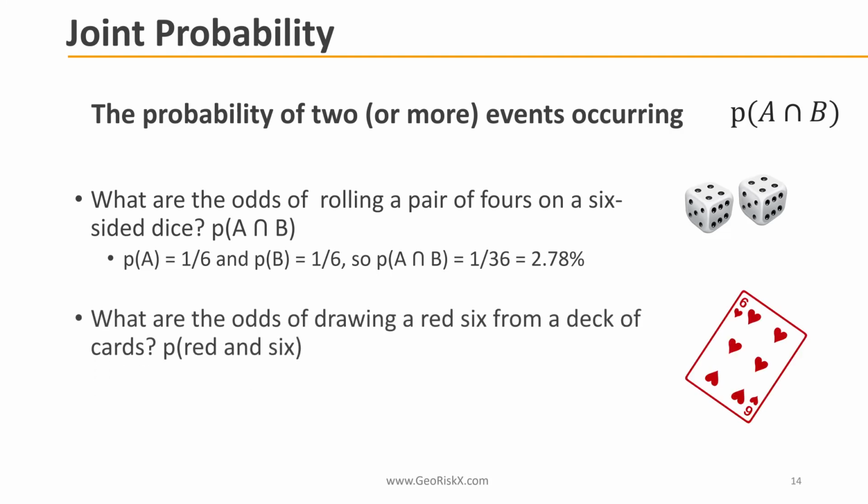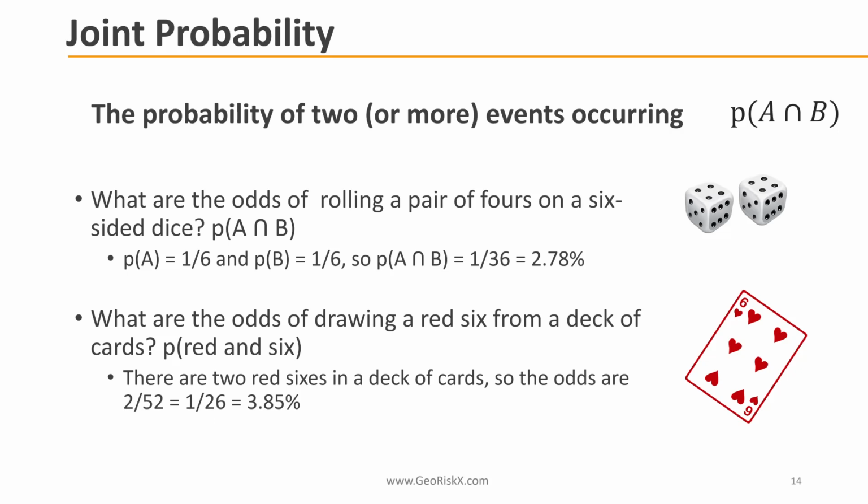Another example, what are the odds of drawing a red 6 from a deck of cards? So the probability of it being red and the probability of it being a 6. Now, we're only doing one draw here. So we could view this as a marginal probability if we wanted to view it that way, as we did in the previous one, or we could view it as joint probability.